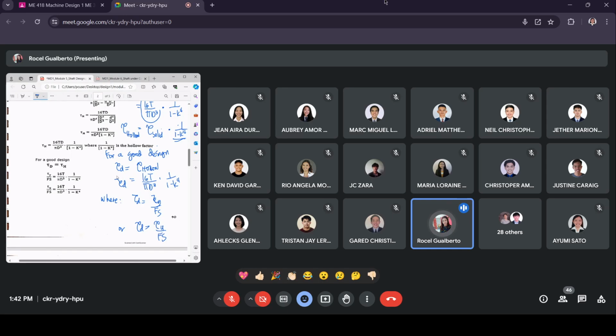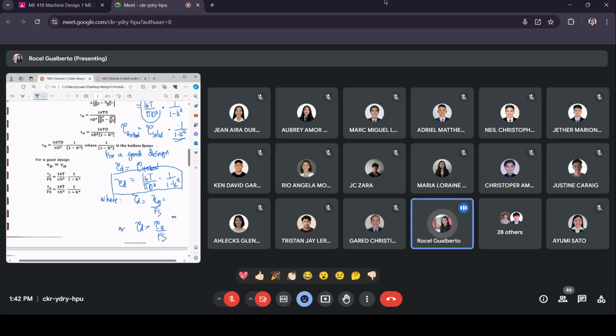So you look at this equation now. This would be simpler. If it is solid, you simply take this off. And if it is hollow, you have to include the hollow factor, since it's equal to the solid multiplied by the hollow factor. So ganun lang po siya.